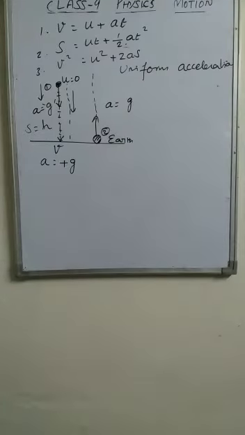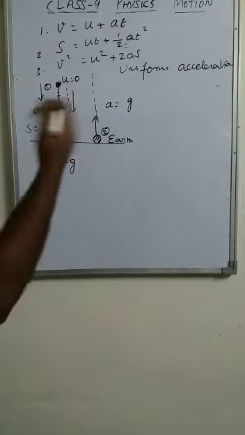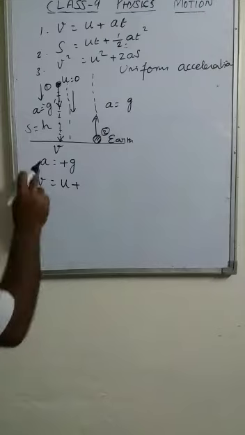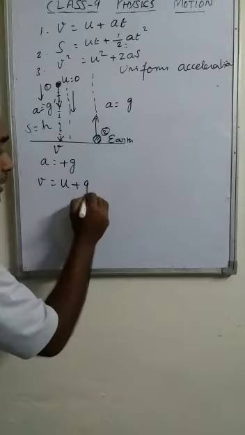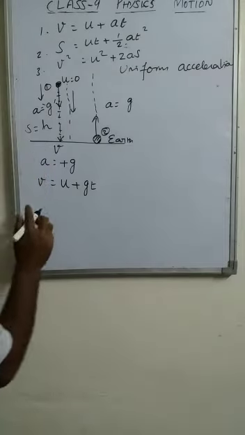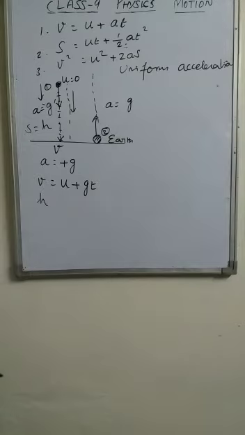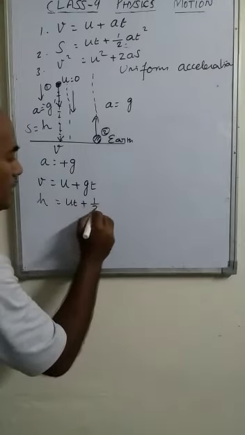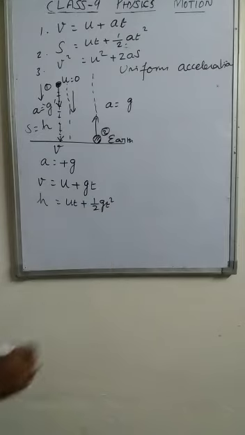This is for the first case. So the equations of motion can be rewritten. Final velocity is equal to initial velocity plus, instead of a, you write g t. In the second equation of motion, instead of s, you can write the height, that is the distance travelled: h is equal to ut plus half gt square.